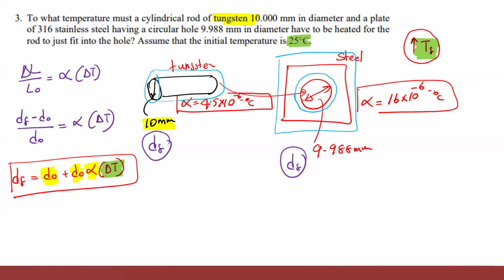Otherwise, if you keep restrictions from the four sides like this, yes, then the hole gets smaller because there is nowhere else to expand. So that material will go inside and make the hole smaller if we have restrictions. But here they don't say it has restrictions, so the whole thing will expand. So the hole also expands.